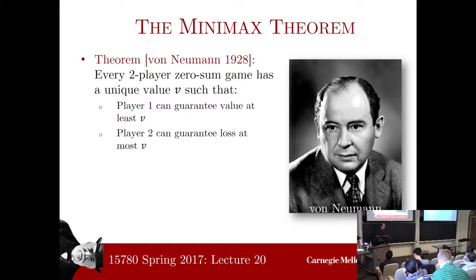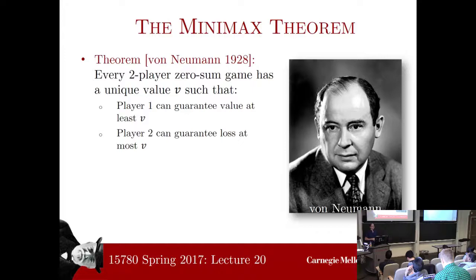So player 1, the row player, who's trying to maximize this value, always has a randomized strategy that guarantees him at least V. And player 2, the column player, always has a randomized strategy that guarantees that the expected payoff to player 1 is at most V. He's trying to minimize this payoff. Okay, and then V is called the value of the game. So this is a pretty striking thing.